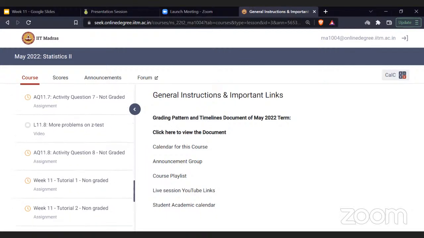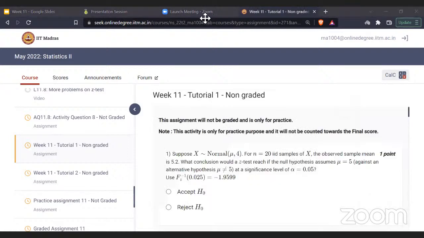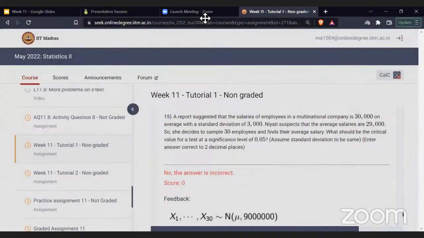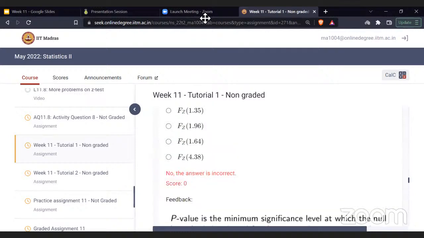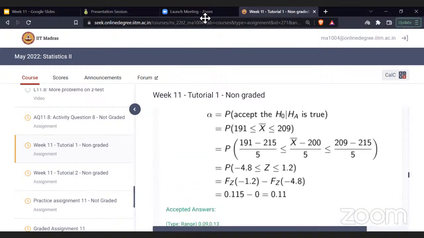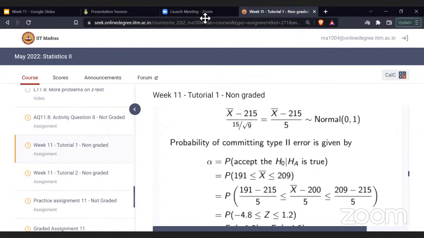Tutorial 1, problem 8, if we start the solution itself. Yeah, if you scroll down a little bit, please.